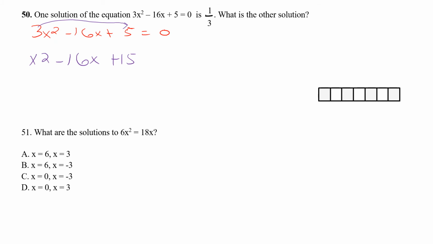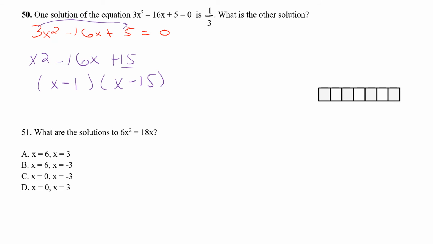And then the next thing I want to do is factor this expression here. So I want to find two factors of 15 that have a sum of -16. So that would be x minus 1, x minus 15. Because when I multiply -15 and -1, I get +15. But when I add it, I get -16.